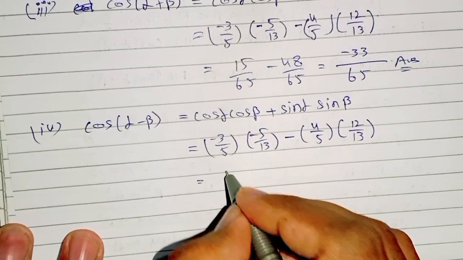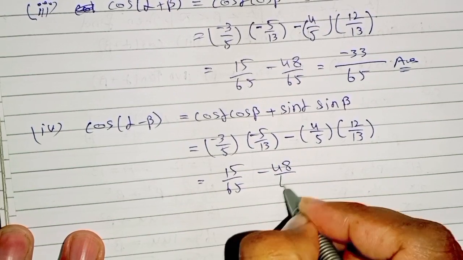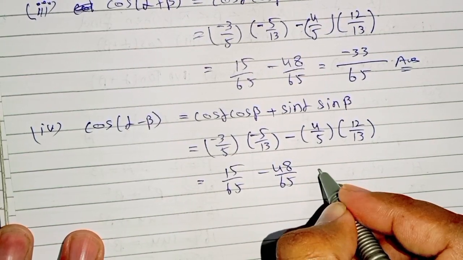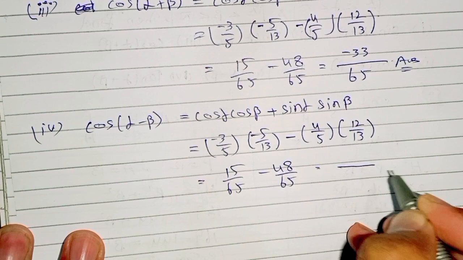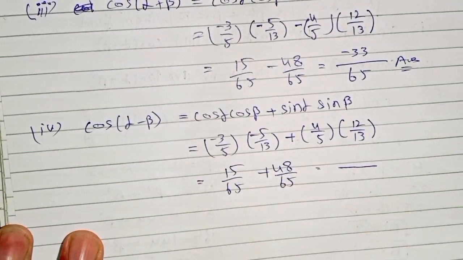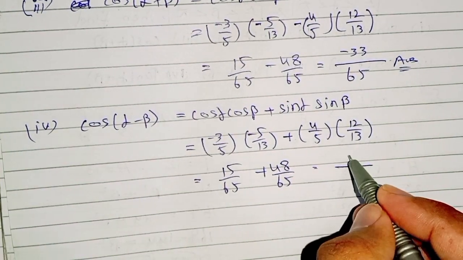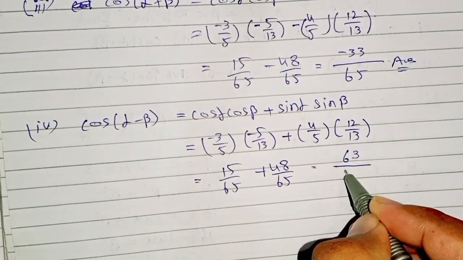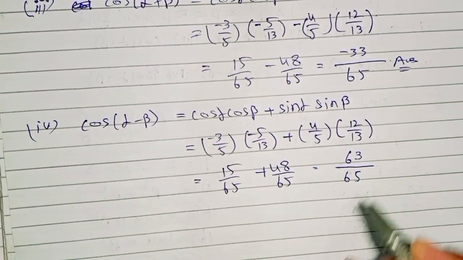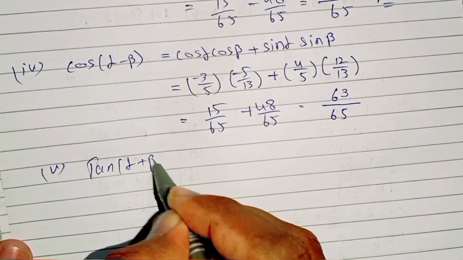We obtain 15 over 65 plus 48 over 65. Taking LCM, here we have positive sign, which is equal to 63 over 65.